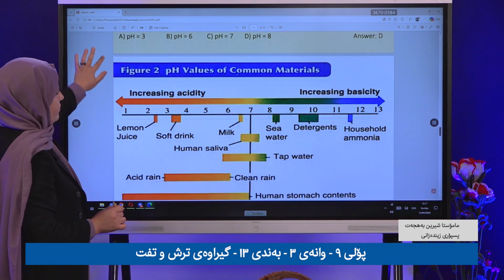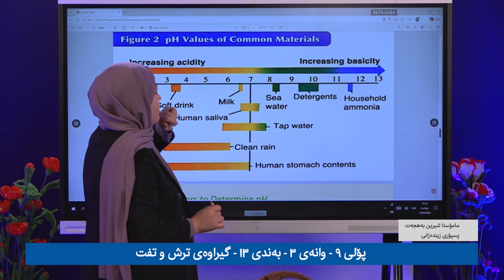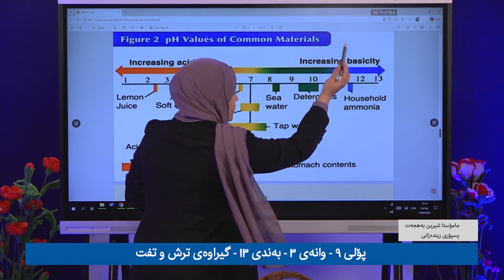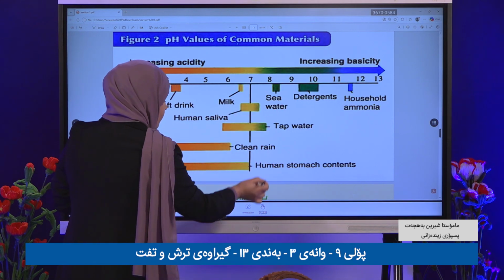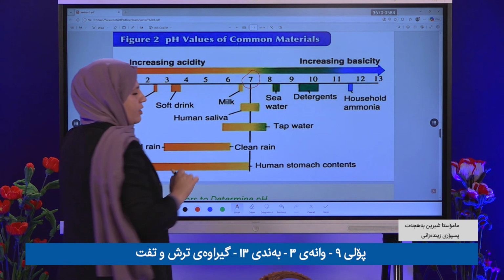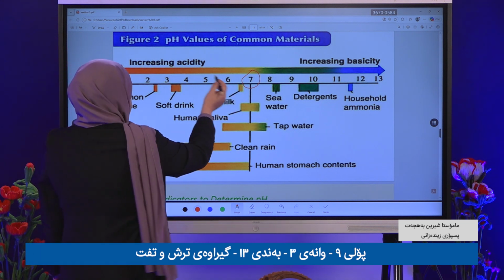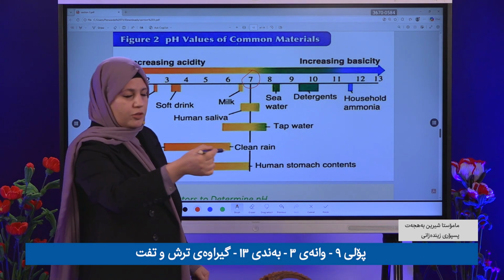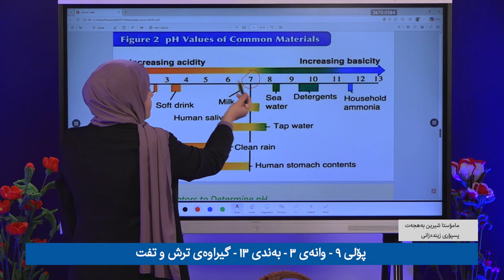Look at here. We have pH values of common materials, from 1 to 14. 7, it is what? The 7 is the neutral one. Clear? Yes. How do you know it's acid? Acid starts at less than 7.